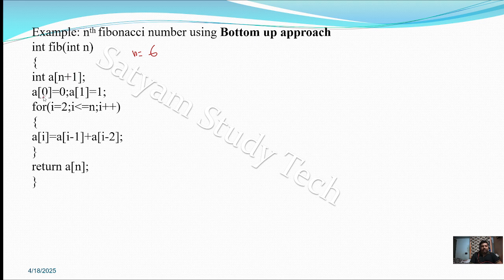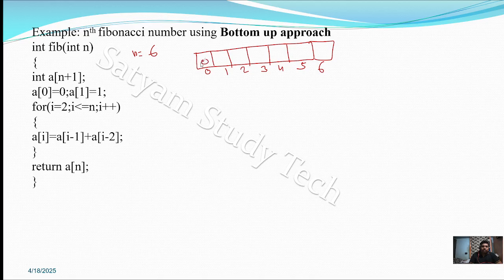Now here it is a of 0, a of 1 is 1. So a of 0 value is 0, a of 1 value is 1. You can see the 0 index, the 1 index, 2, 3, 4, 5 and 6.